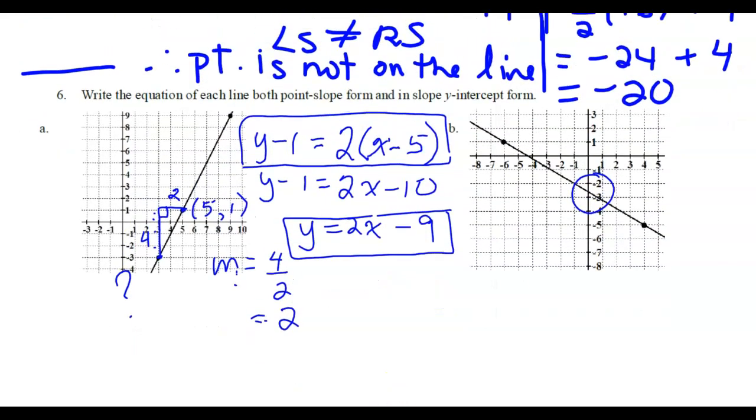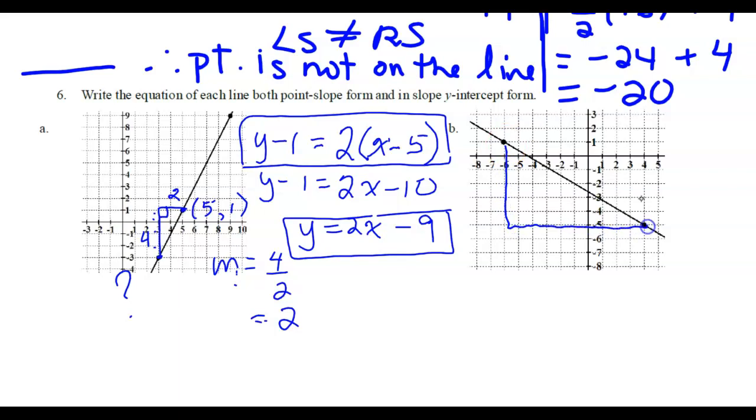Then for the next, again, I can't tell what the y-intercept is, but I have 2 other points, okay? Two other points, so I'm going to use those to come up with my slope.